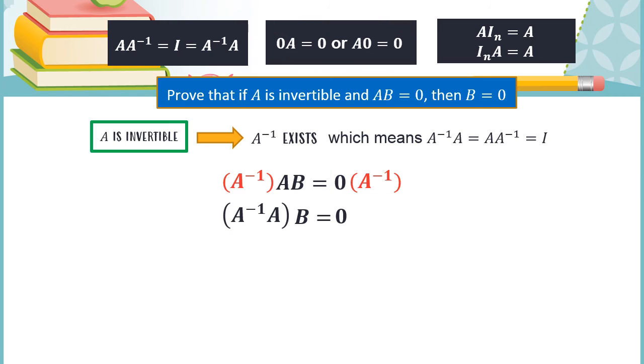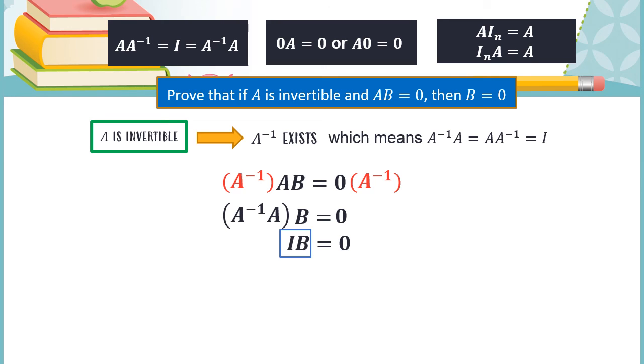Next, in A inverse multiplied by A, applying this property, A inverse multiplied by A will become I, which will become I multiplied by B is equal to 0.